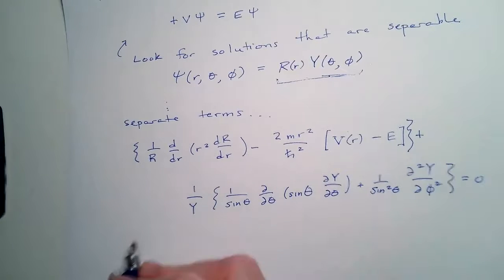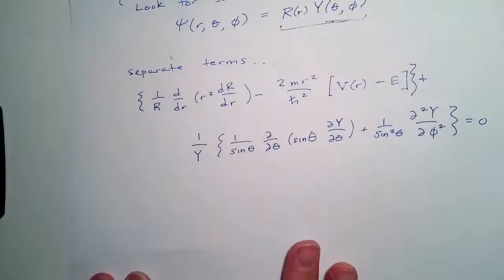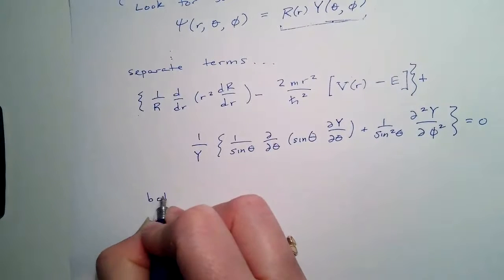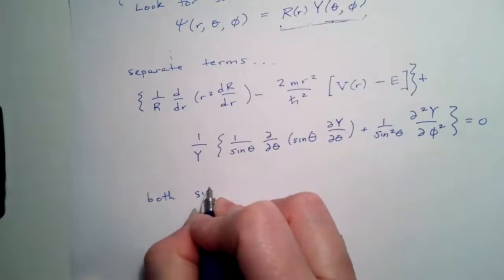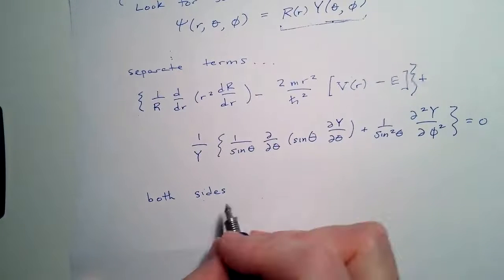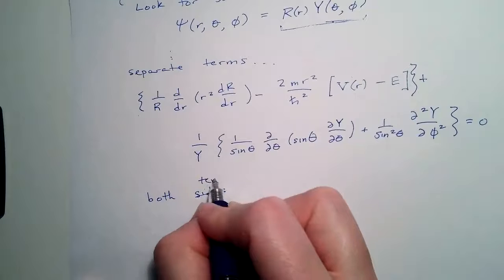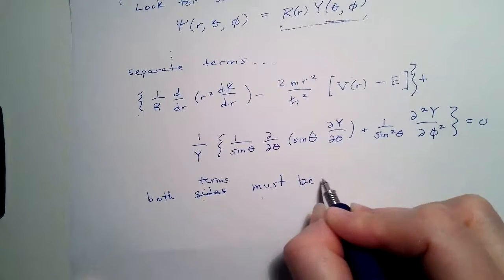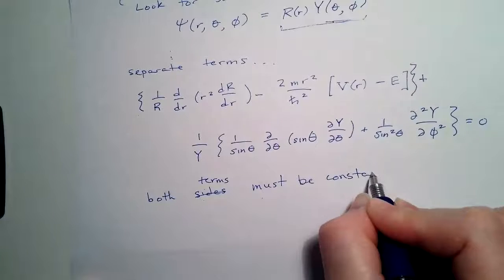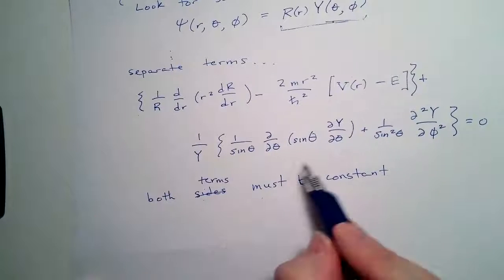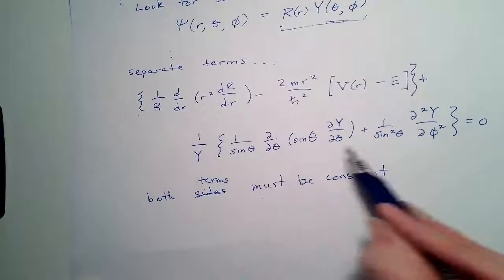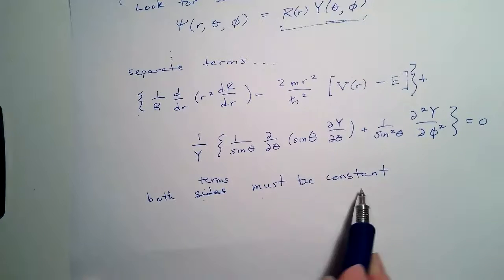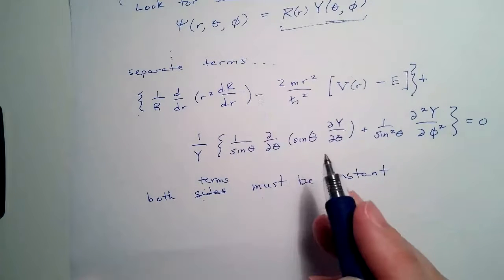If that's the case, our tricks with differential equations let us say that both terms must be a constant. Because if we can change r without changing theta or phi and still have this be equal to 0, that means both of these things have to be constants.